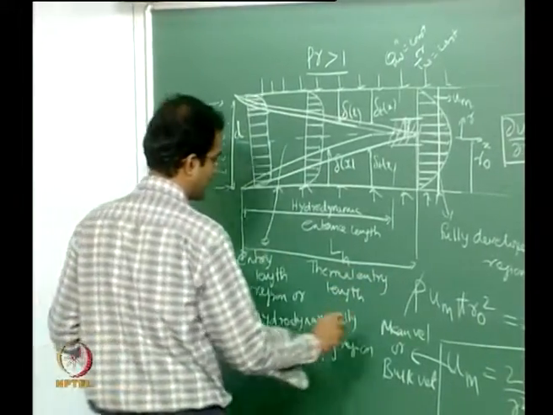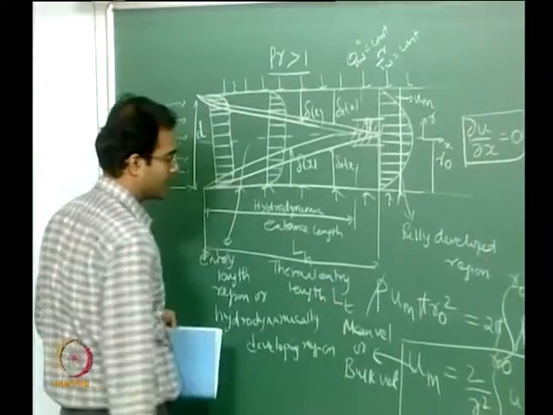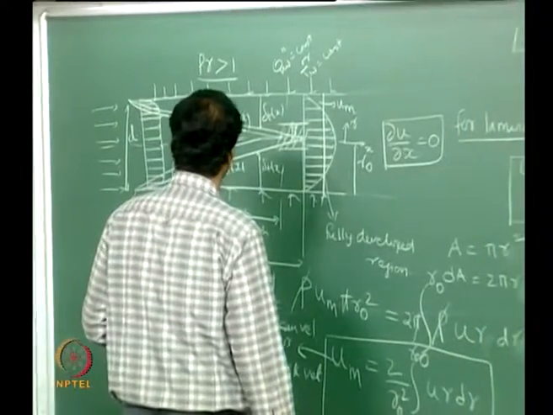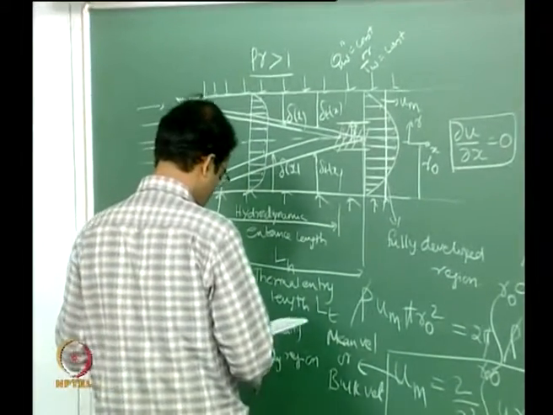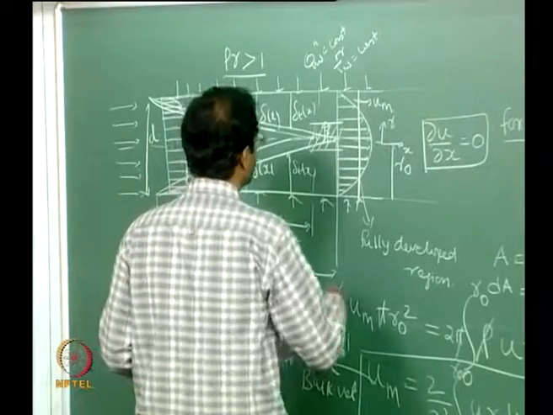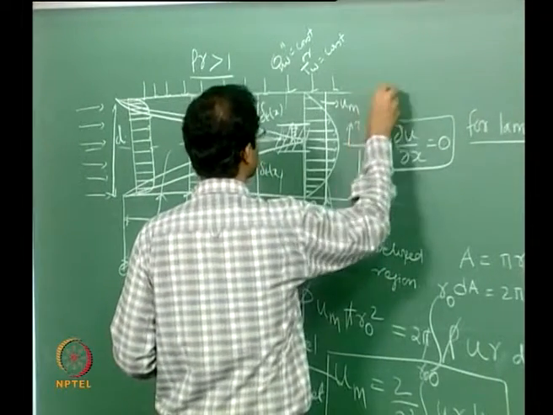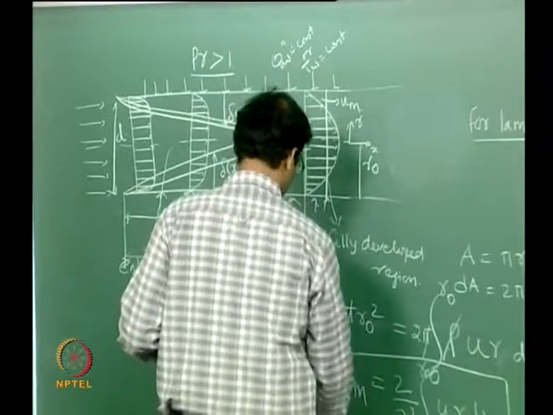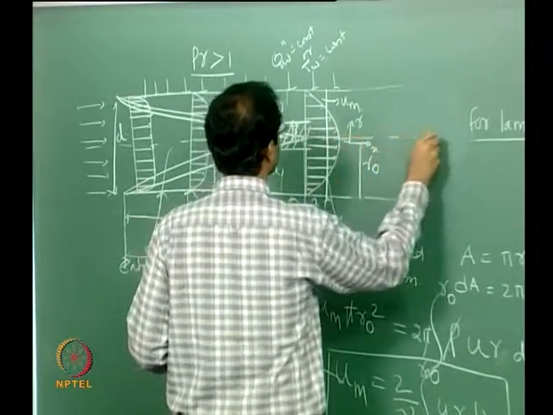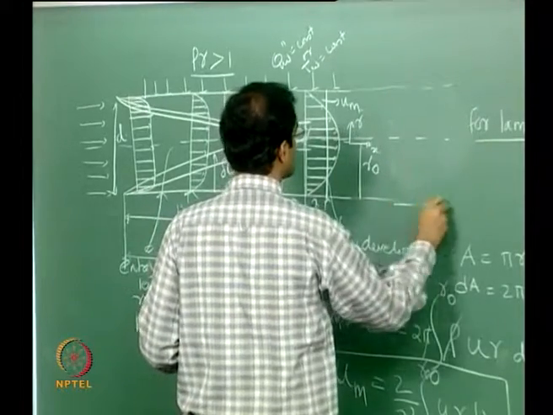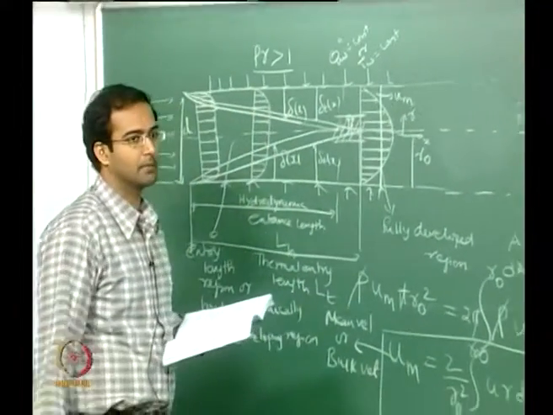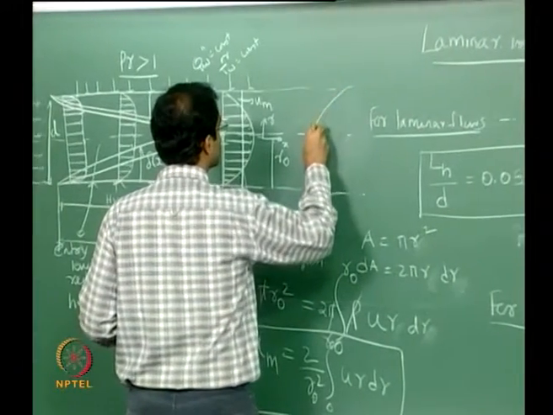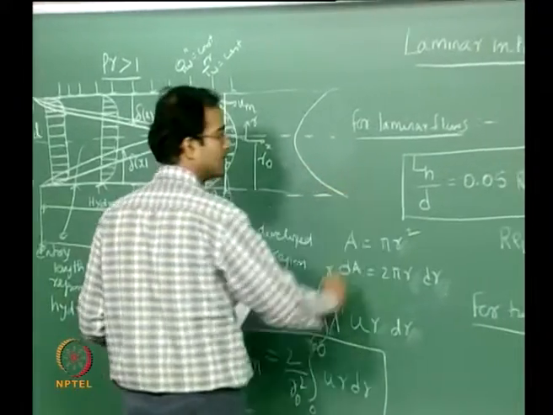Okay, I can use the notation L subscript T to say that the length corresponds to the thermal boundary layer. And if I draw the profiles, typically if I draw a profile somewhere here, now the wall temperature is higher than your bulk temperature, or the temperature of the fluid inside, so it should look something like this, right?